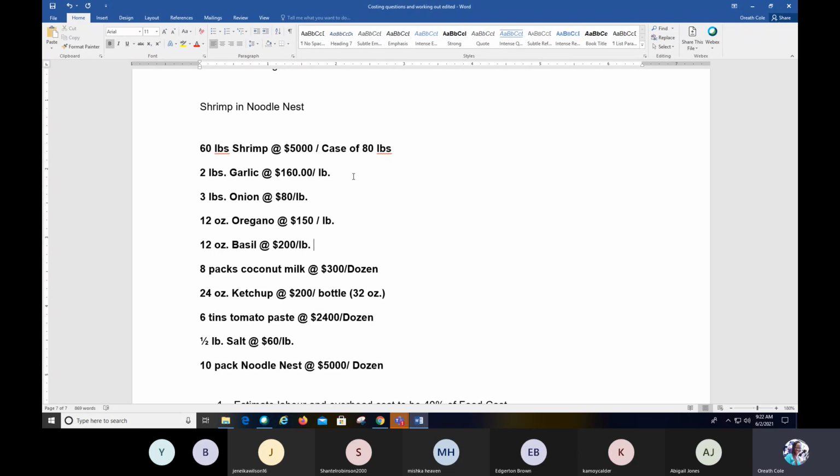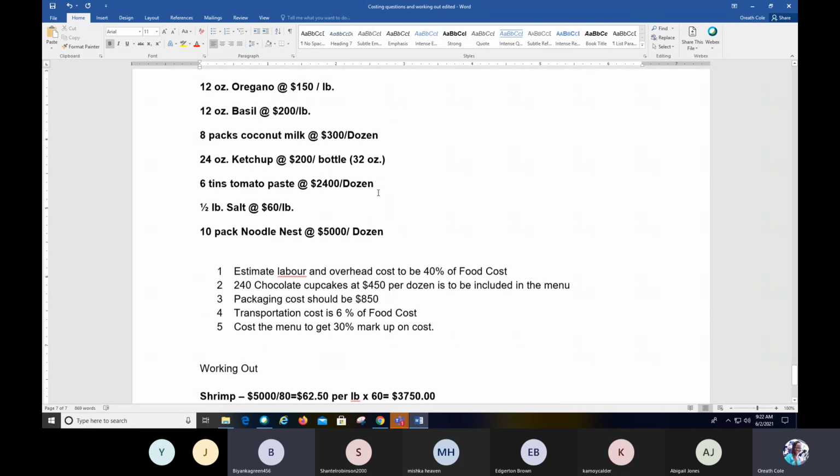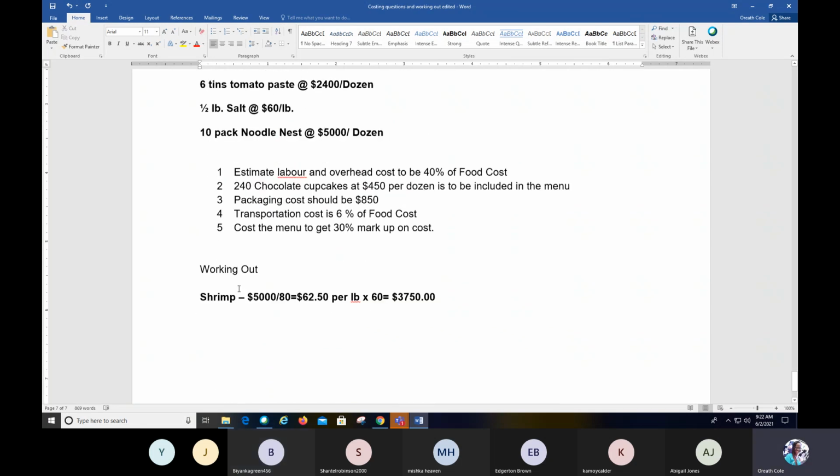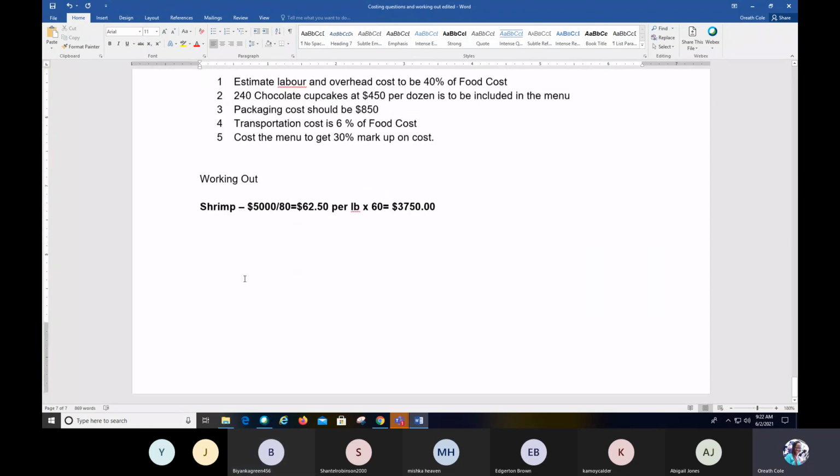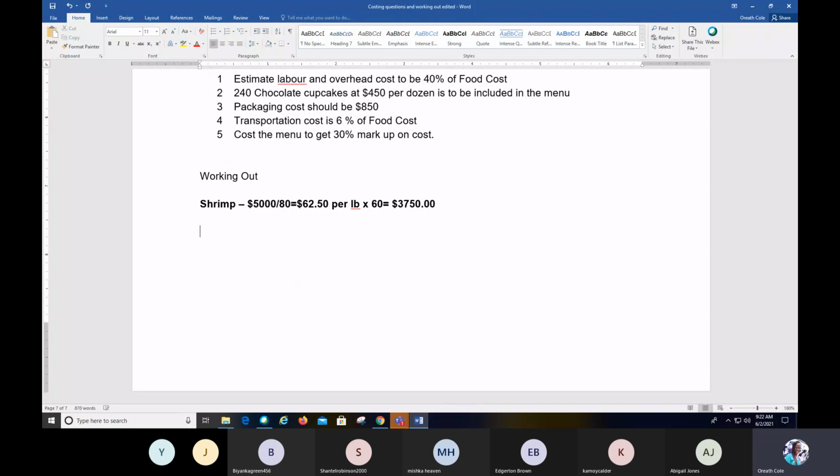Come on, this is one of the easiest ones. 320 for the 2 pounds. Remember, we need to work it out. So we're working out garlic, and this is how you have to do it, step by step. Tell me now, tell me the work.